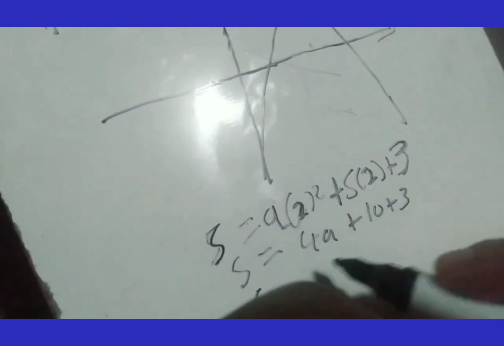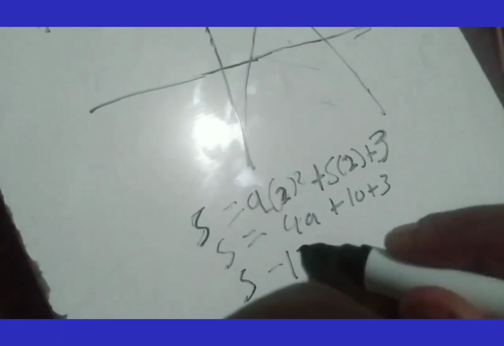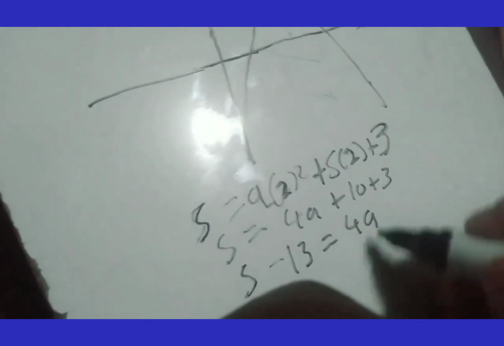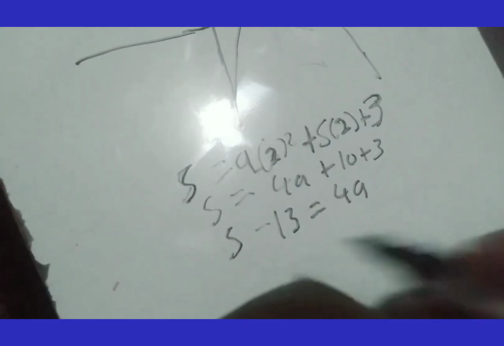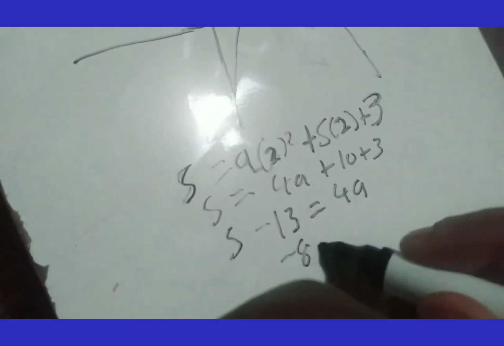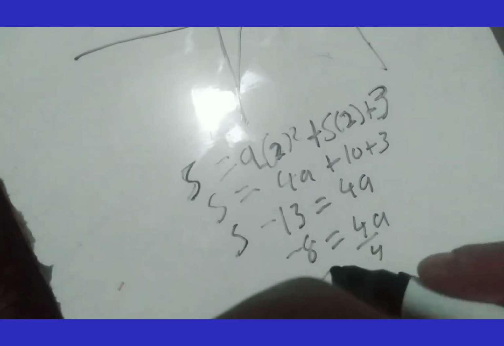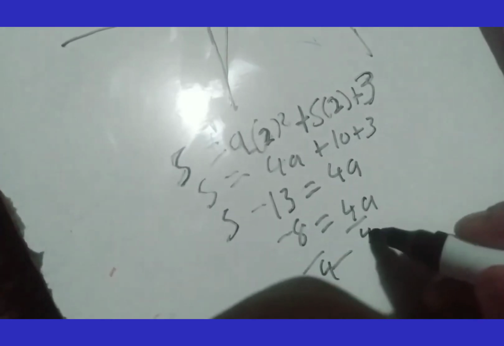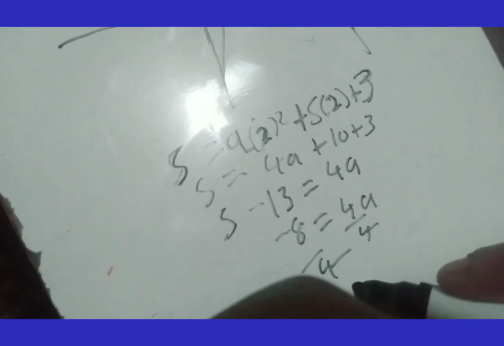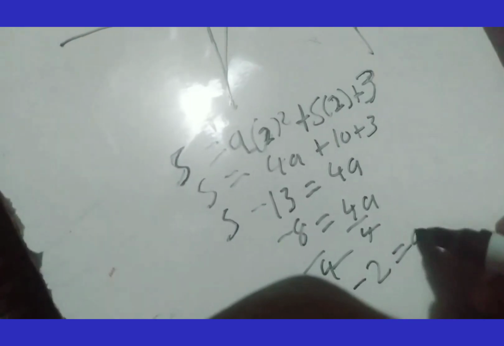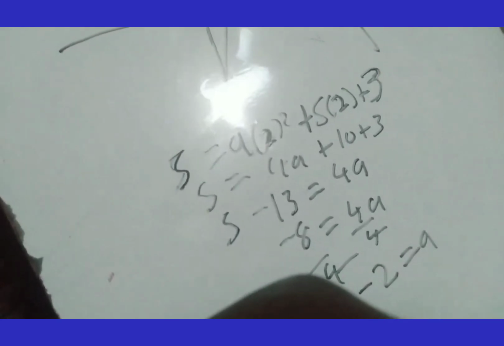If we take that 13 to the other side, it's going to be 5 minus 13 is equals to 4A. And then from there, 5 minus 13 is negative 8. So negative 8 is equals to 4A. And if we divide both sides by 4, we're going to get A is equals to, negative 2 actually, is equals to A.